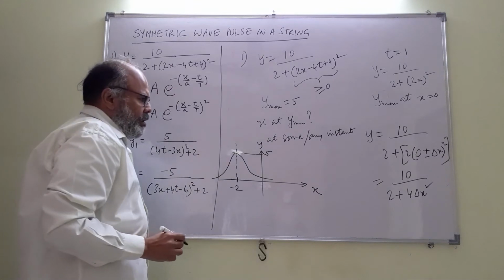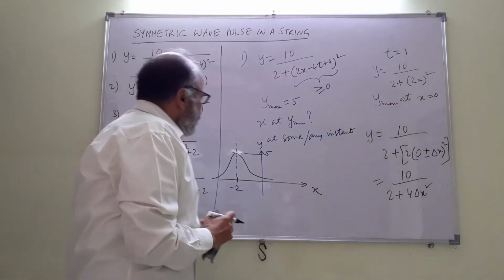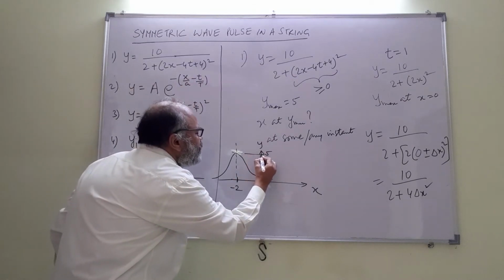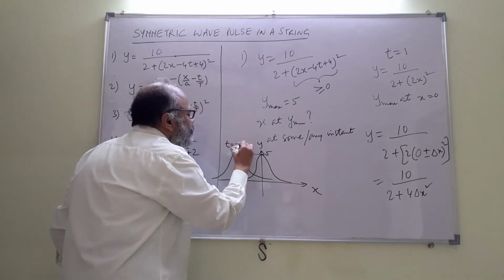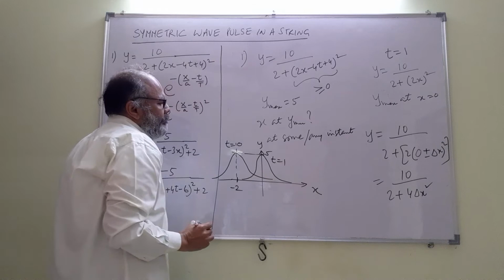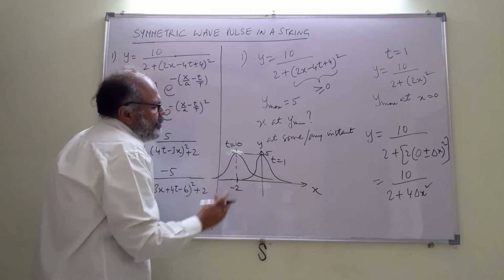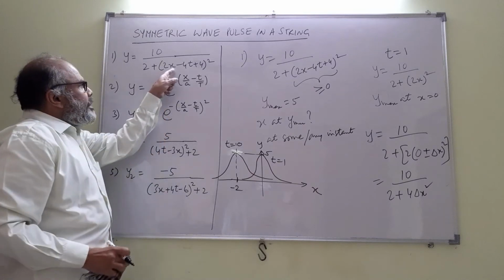Now, at x equal to 0, again the maximum occurs. So the maxima is somewhere here. This is at t equals 0. This is at t equals 1 second. At t equal to 1 second, the pulse has moved to the right. Remember, it is 2x minus 4t.